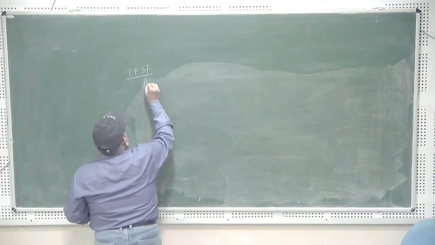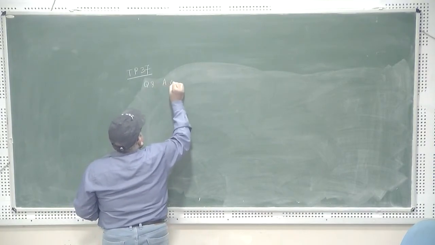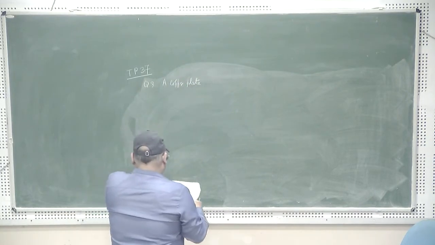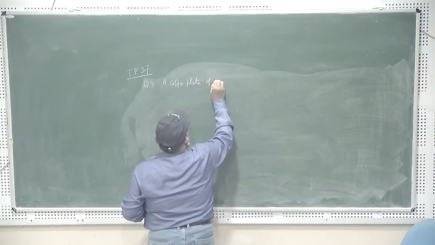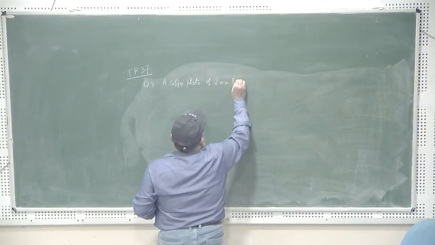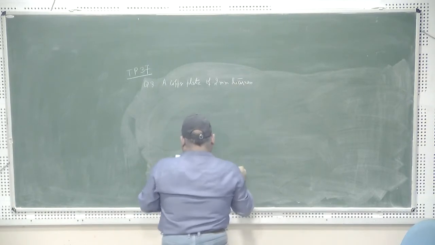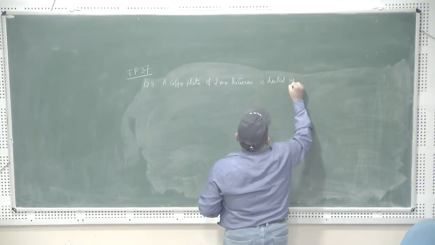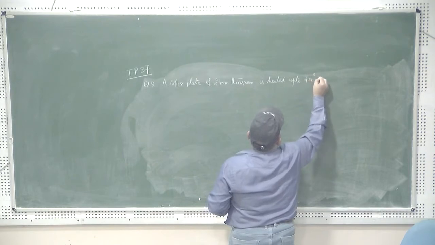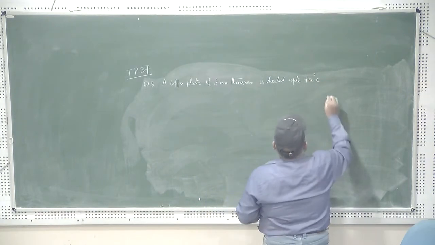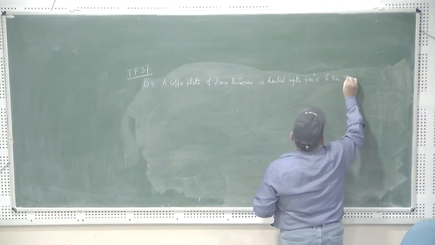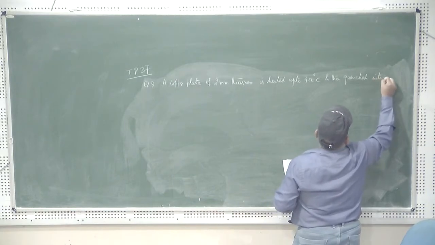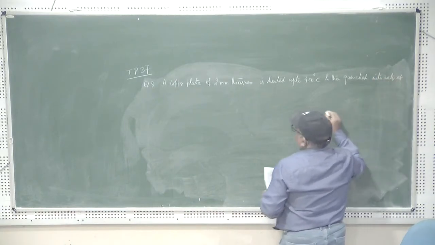Question number 3 is: a copper plate of 2 mm thickness is heated up to 400 degrees centigrade and then quenched into water at 20 degrees centigrade.